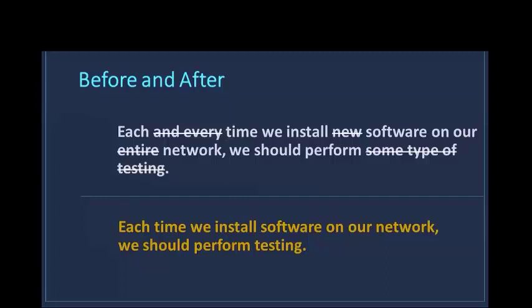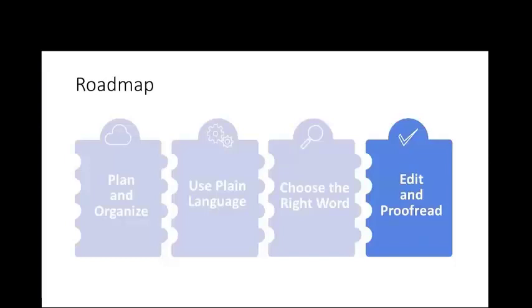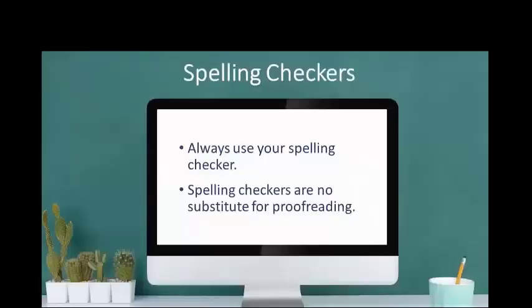All right, so our last topic of the day is editing and proofreading. In this section, we'll take a quick look at some tools that can make writing a little easier for you. And we'll also cover tips for editing your writing. Now, when you use Microsoft Word or the other Office products like Outlook, you have access to a built-in spelling checker.